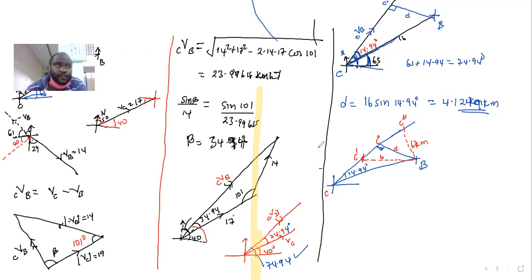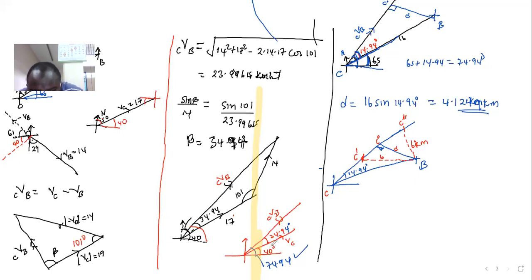Go ahead. I was saying that you say here, on this last board, the last portion of the board, there is 65 plus 14.94, and you're saying it's 74.94. Then it's supposed to be 79. Wait, it's supposed to be, let me see. Oh, yes.